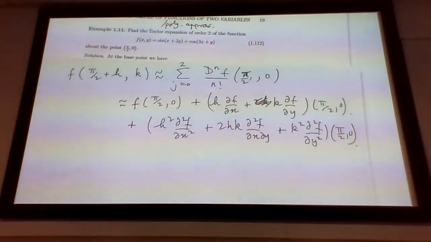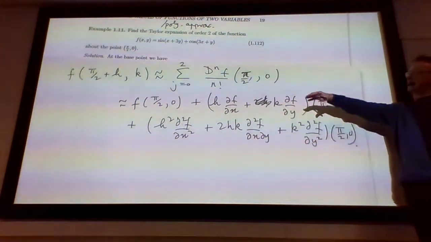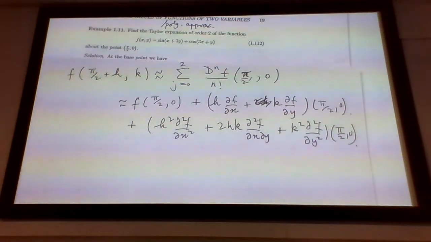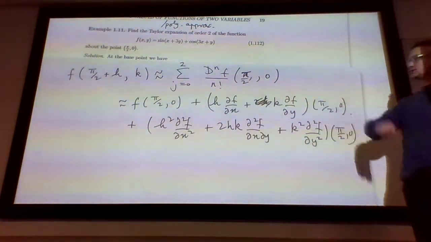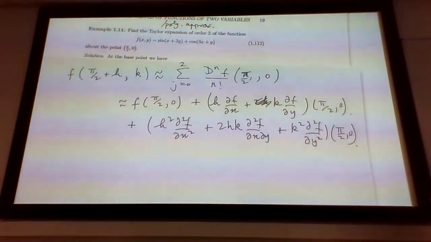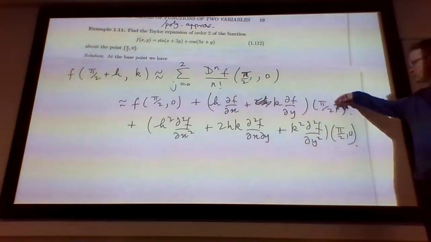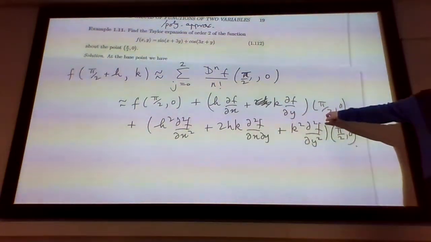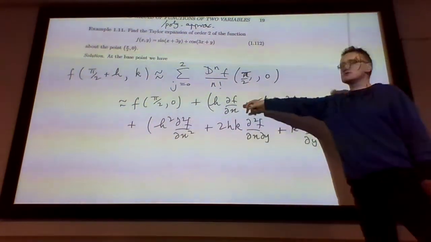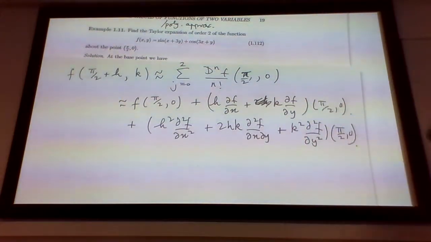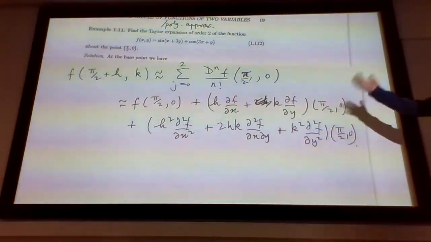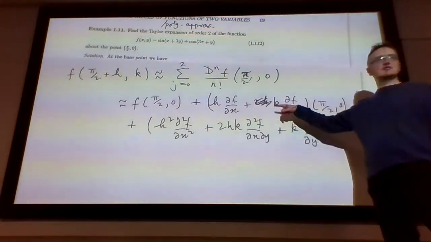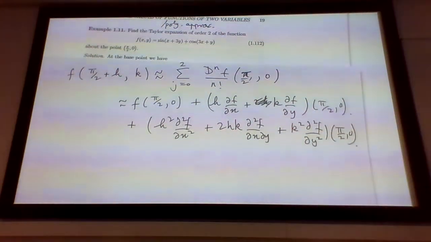Okay, so that's the full order 2 Taylor polynomial approximation to this f. These brackets get evaluated at pi over 2, 0, meaning these are the values for x and y that we feed into the partial derivatives to evaluate those to just numbers. So then it's a combination of polynomial terms in h and k up to order 2.